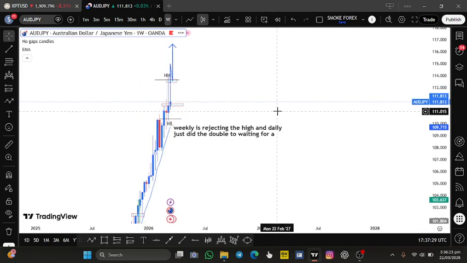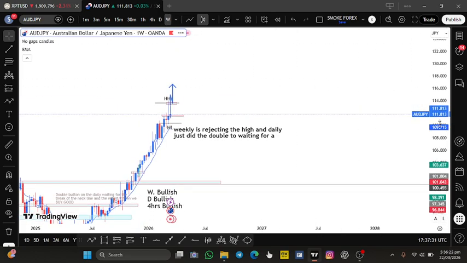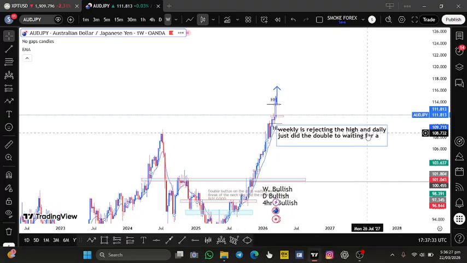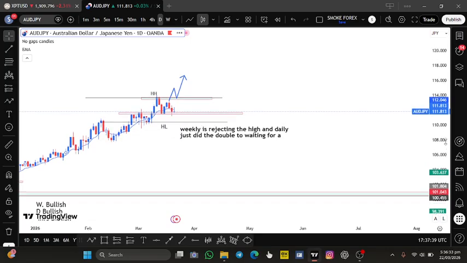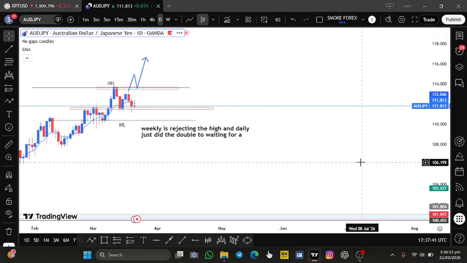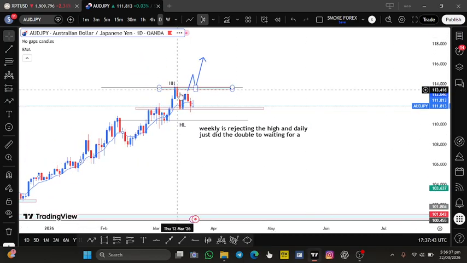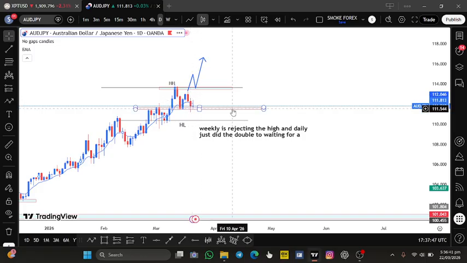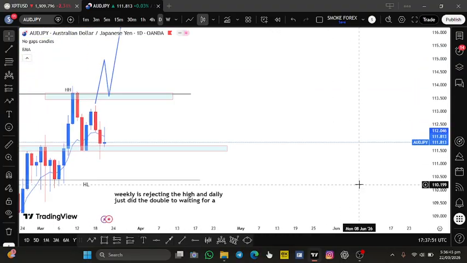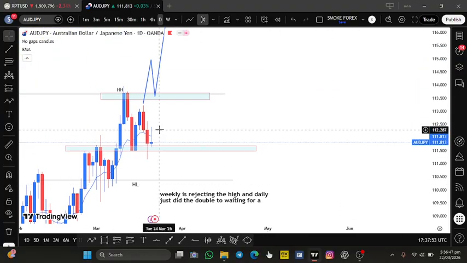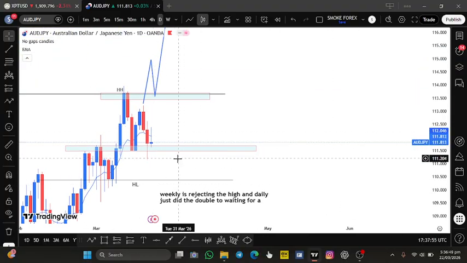The weekly is rejecting the all-time high, and the daily just did the pattern, the double bottom, rejecting our area of interest. And it gave us this doji candlestick telling me price is rejecting this area.